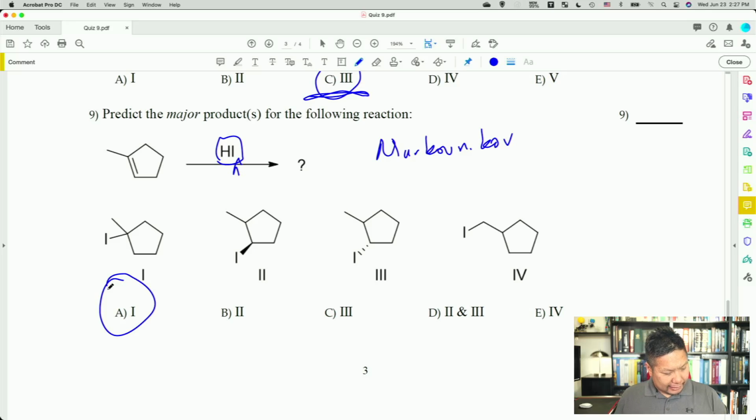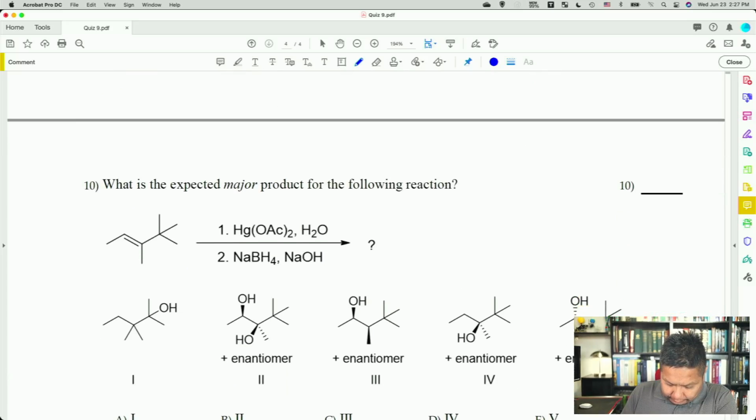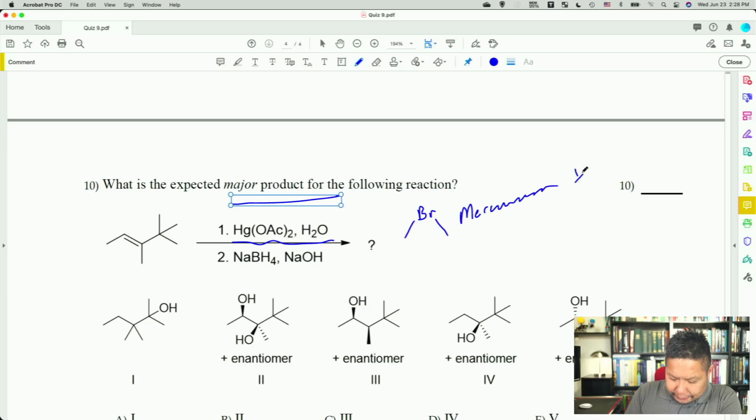And then last but not least, what is the major product of the following here? So we have oxymercuration, the reaction that deals with mercury. And you get that mercury bridge from one carbon to the next, the one I can never say, mercurinium ion, right?